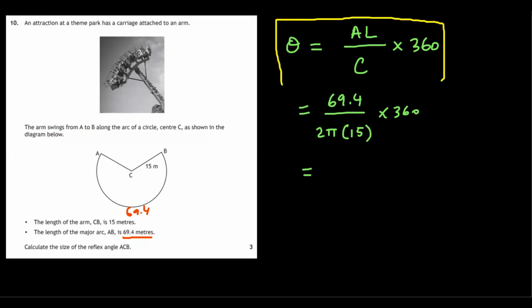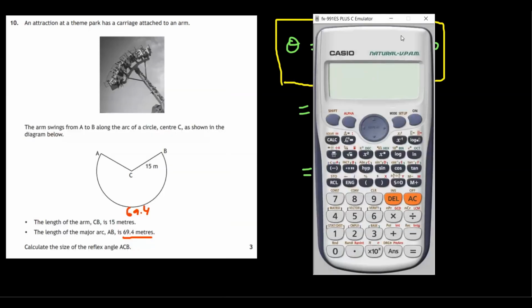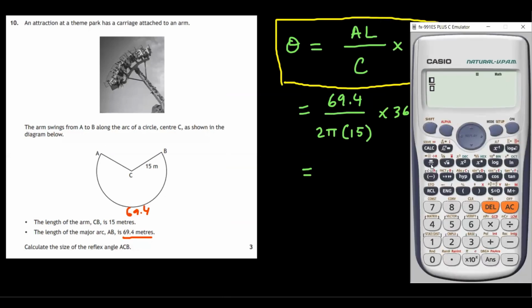So all of the sector formulae, you have to memorize those. So 69.4 over 2 times pi times the radius, and then times 360. So that gives 265.1.